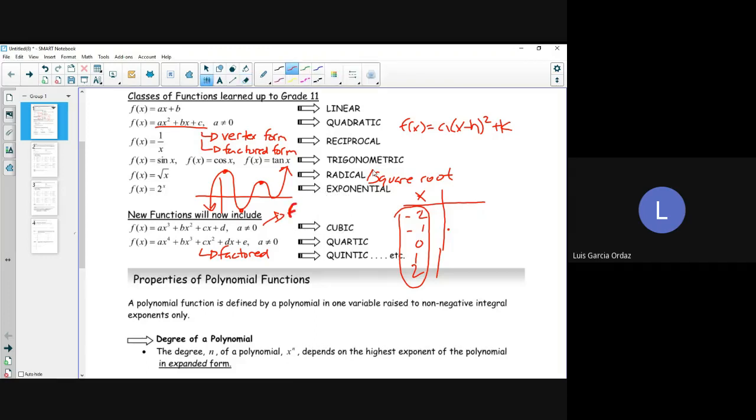So f of x is equal to x minus r to the power of 2, or x minus s. What do those add up to? Or what does the degree add up to still? Because remember, this is a degree of 2, and this is a degree of 1. So in total, it is a degree of 3. So it's a cubic function, okay?